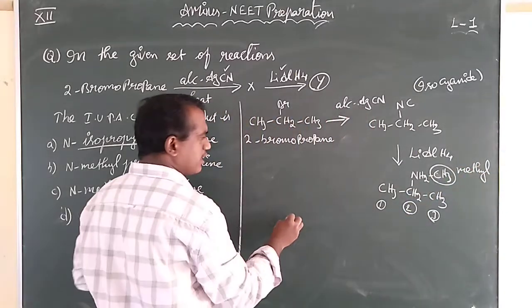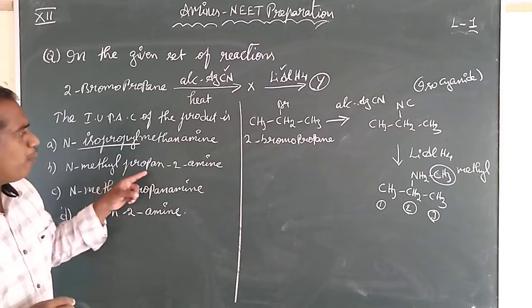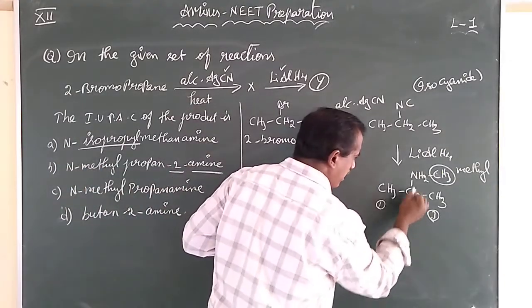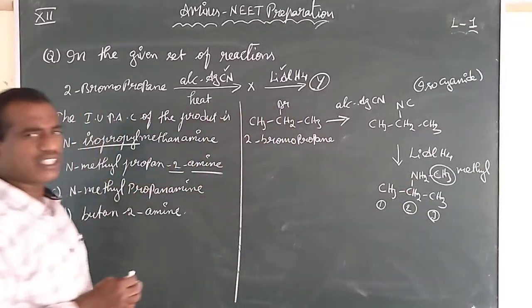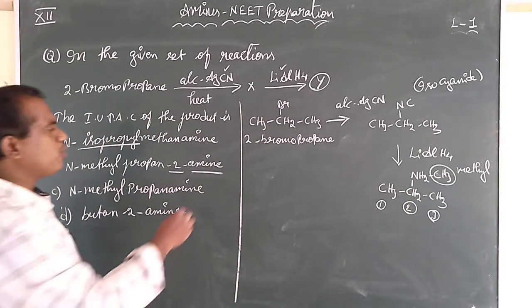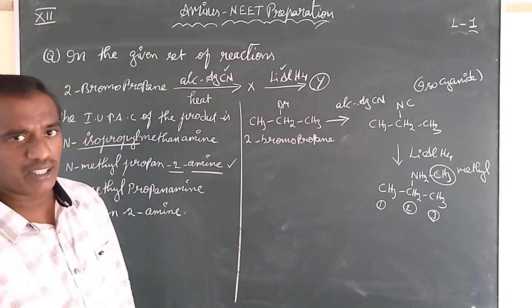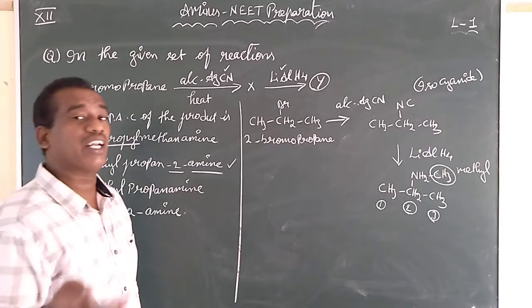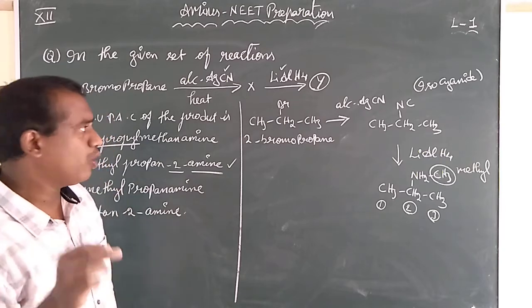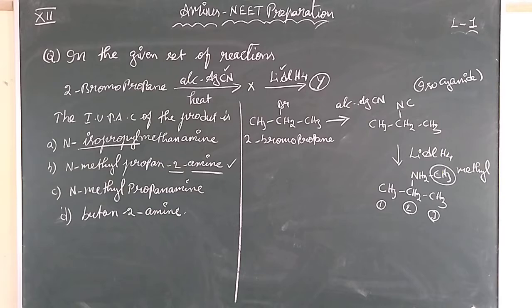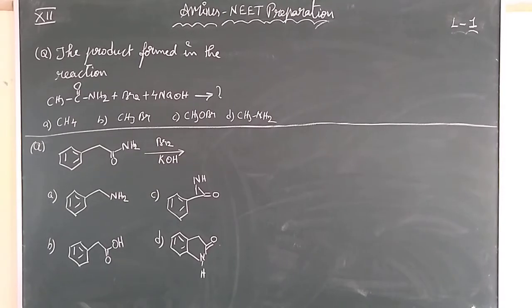So we can say that is N-methyl propan-2-amine. For the propane, they have mentioned the position 2. Whenever you go for IUPAC, the suffix must have the IUPAC numbering method, and the prefix will have N-propyl or N-methyl. I hope you understood, children. You must not forget the work of the reagent.